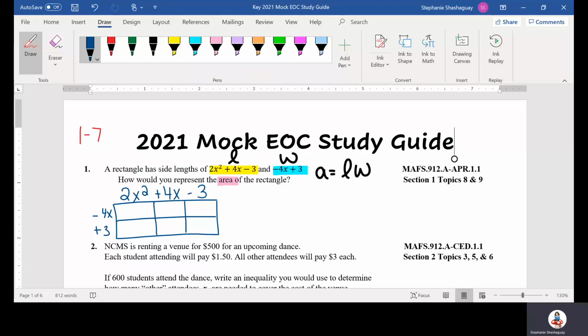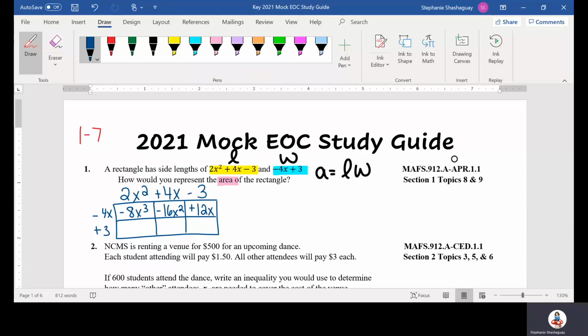So 2x squared times negative 4x is a negative 8x cubed. Negative 4x times positive 4x is a negative 16x squared. And negative 4x times a negative 3 is a positive 12x.